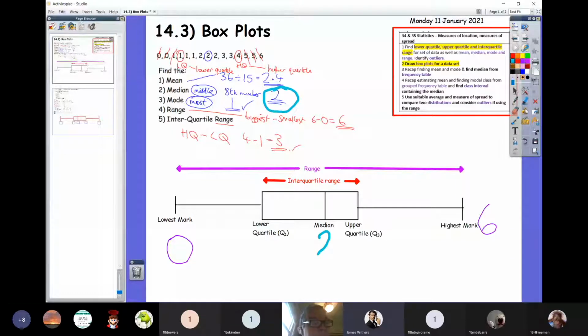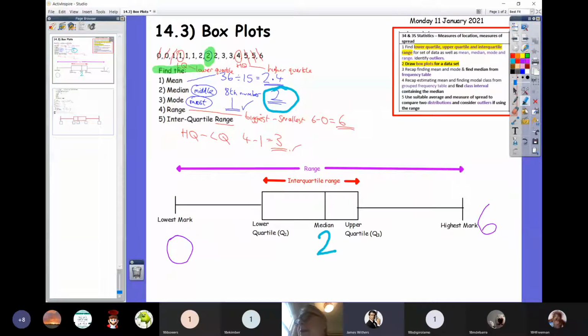Now the lower quartile, and again I'll take you back to the lesson we did last lesson. How, from a list of data, how did we work out the lower quartile? If you remember what we did, we started off by working out the median, which was the middle number, which was that 2. I'm just going to put some green fluorescent pen on that 2. And then to work out the lower quartile, we looked at the numbers to the left-hand side of the 2, which I'm just underlining in green.